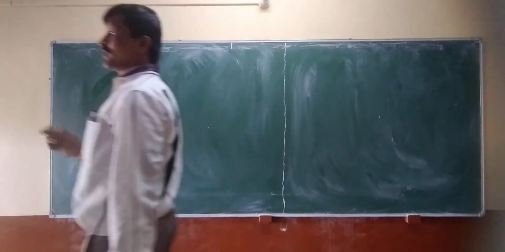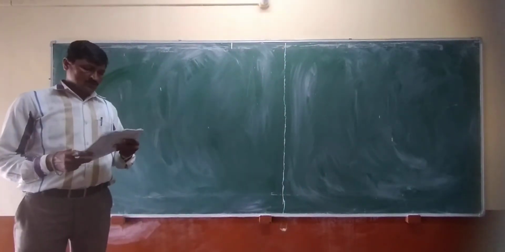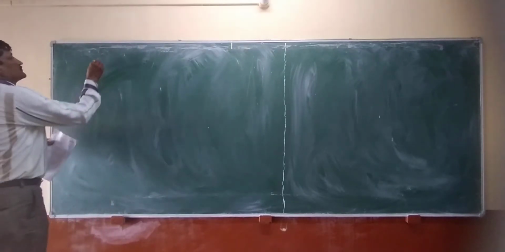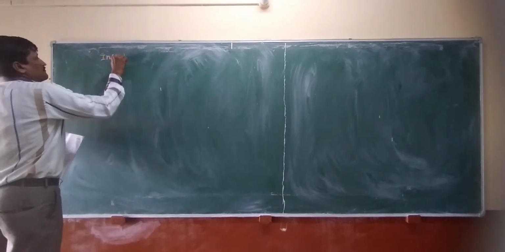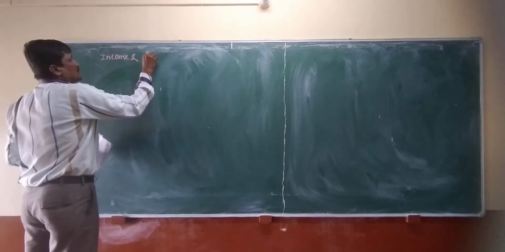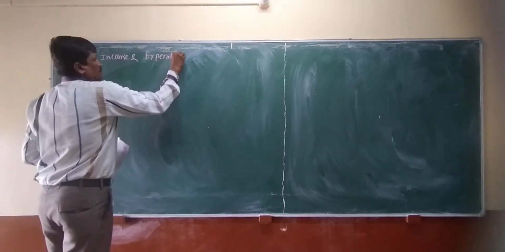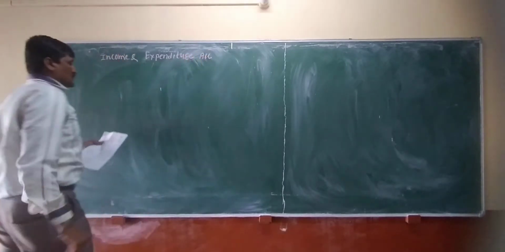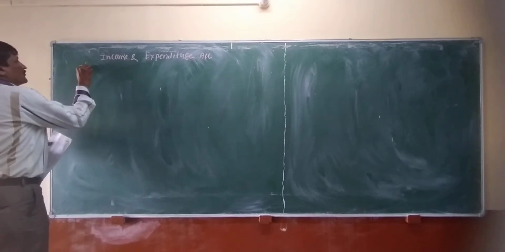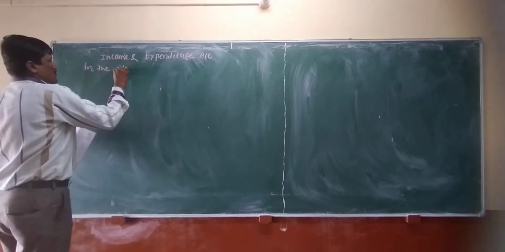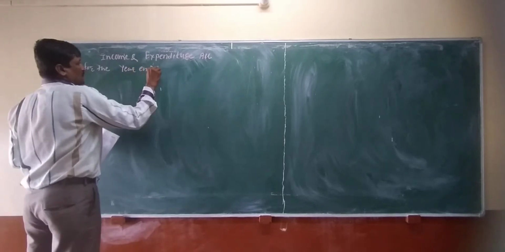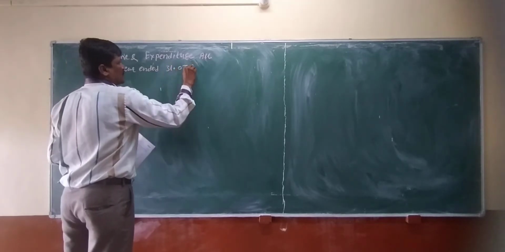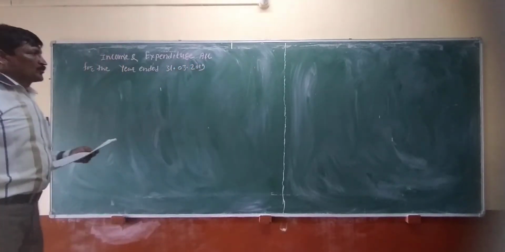So how to solve this example? First, prepare the income and expenditure account for the year ended 31st March 2019.